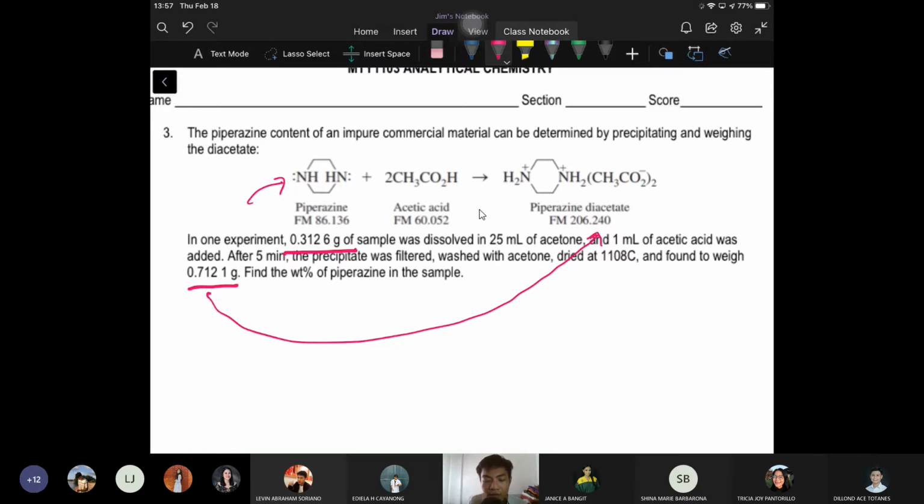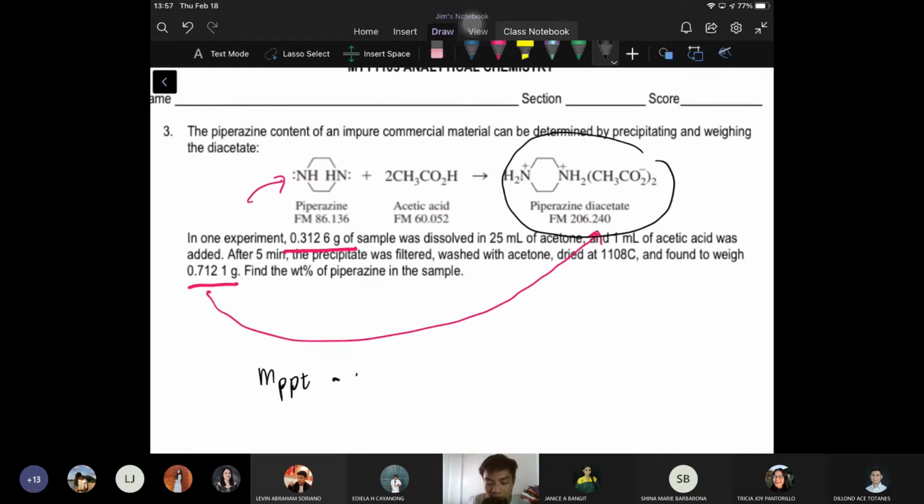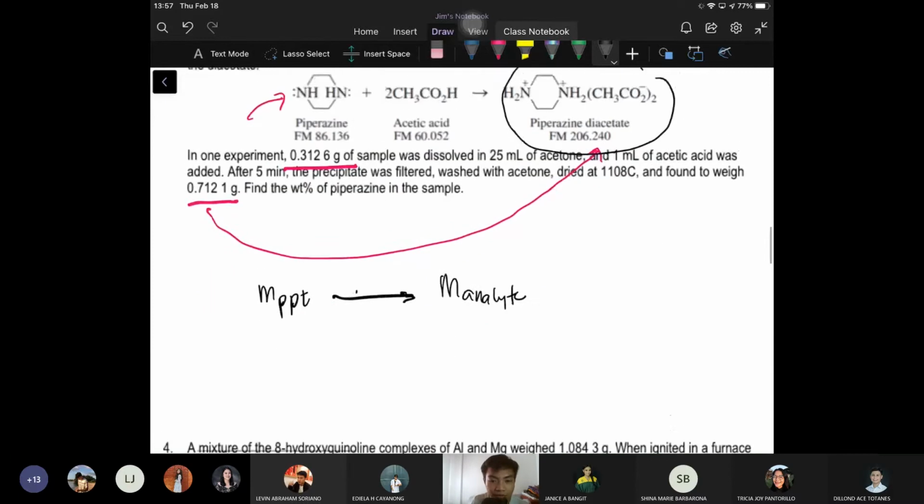Okay? Then, ang tanong, find the weight of piperazine in the sample. Okay. Since alam mo na yung mass ng piperazine diacetate, so alam mo na yung mass neto, pag sinulat ko PPT, precipitate yon ha, hindi yung PowerPoint. So since alam mo na yung mass ng precipitate mo, you can convert that to mass of your analyte, no? Stoichiometry lang yan. Paano yung format?